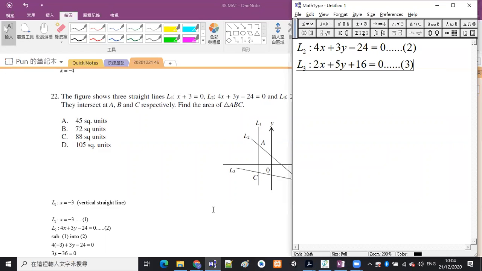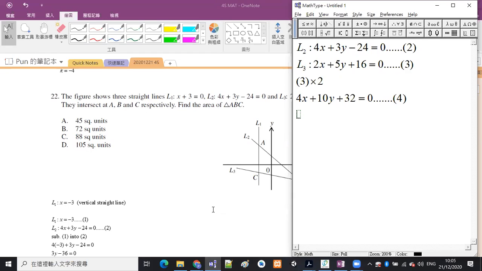Then we want to solve for x and y. I noticed that we have 4x and we have 2x, and I need to make them equal. So I need to multiply equation 3 by 2, and we have 4x plus 10y plus 32 equals 0. Let me call this equation 4.